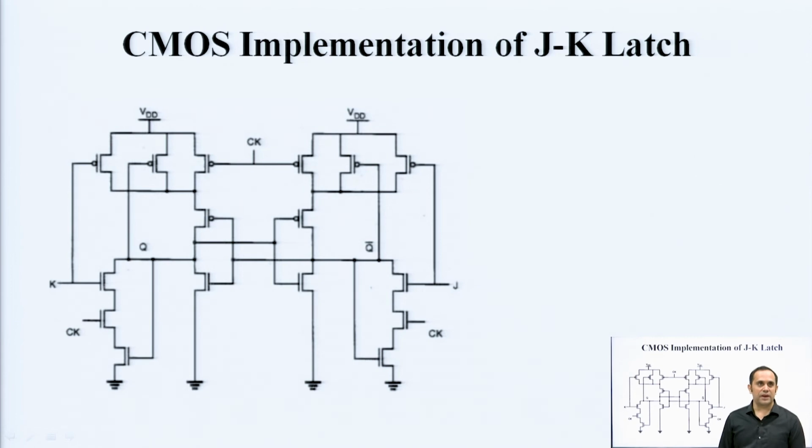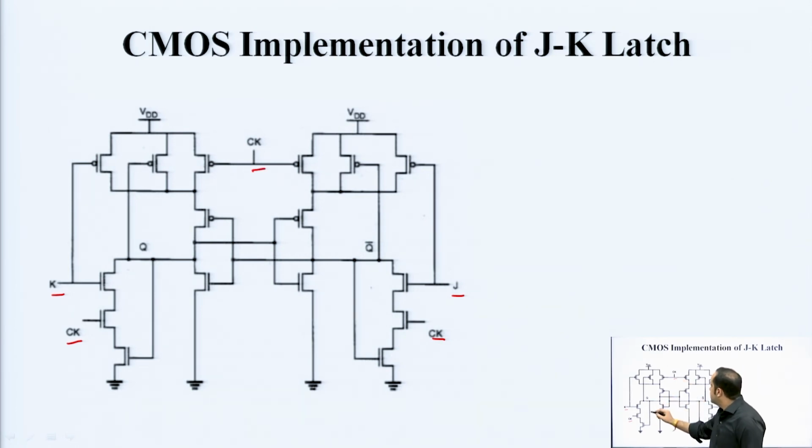How is it implemented? This is the circuit which uses the CMOS approach towards implementing a JK latch. You have J input here, you have K input, clock and clock here. The clock is also connected here.